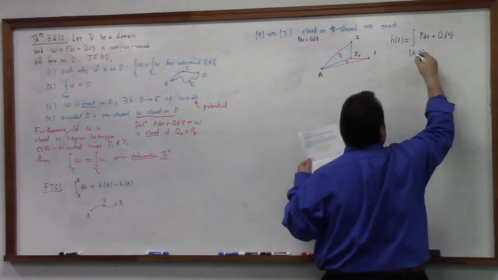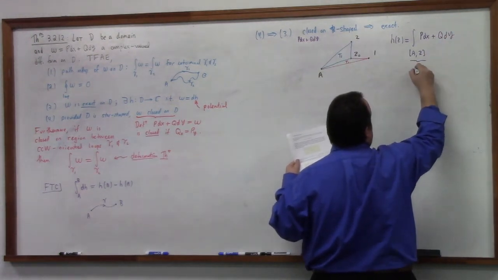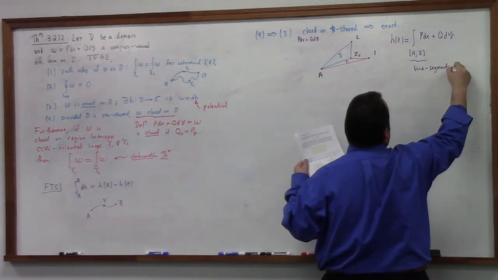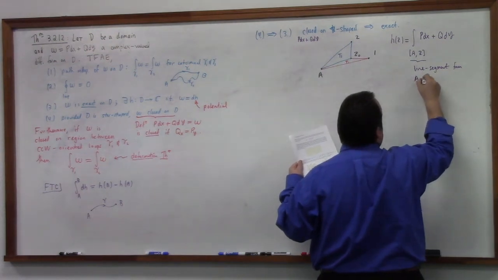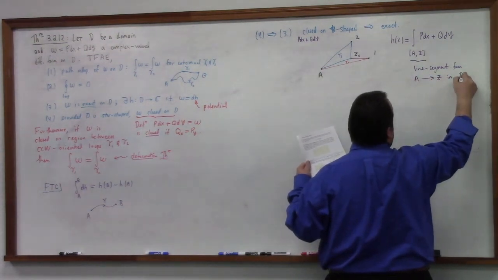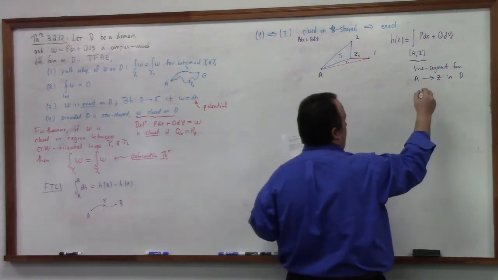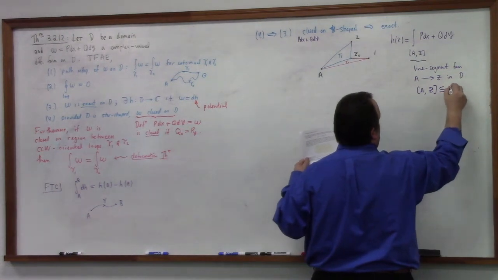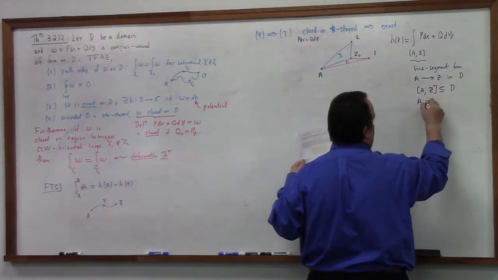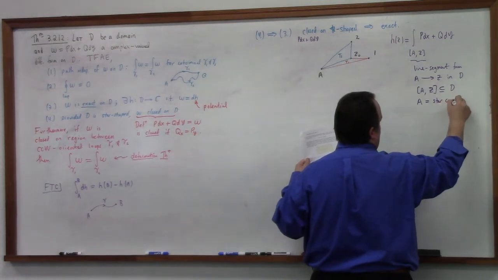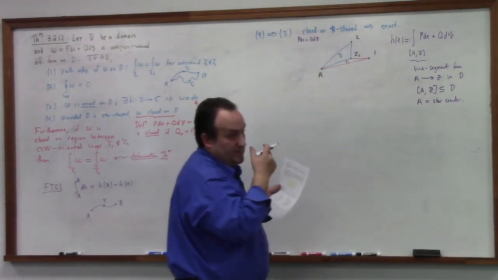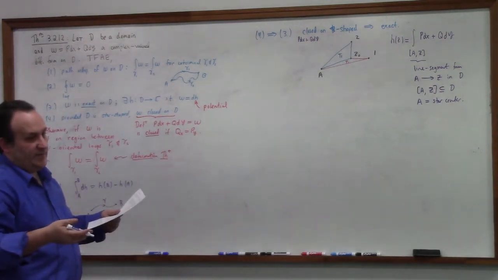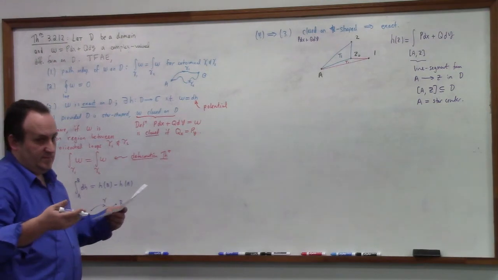This a to z is the line segment from a to z in D. How do I know that a to z is a subset of D? We're assuming A is the star center, so with that assumption, we know that this line segment from A to Z is a subset of D.